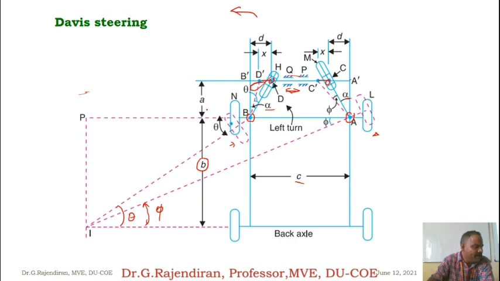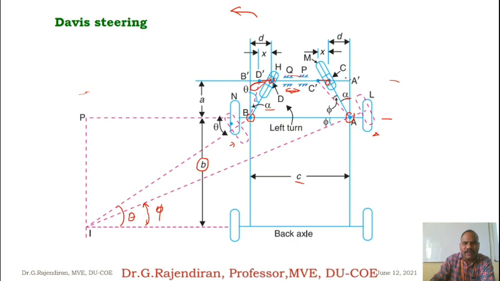Also, the distance between A to A dash and B to B dash is A. This distance is A, we know that from the geometry. Correspondingly, if it is making theta, if it is making phi here, then correspondingly here is phi. So this phi is called the steer angle of the outer wheel, theta is called the steer angle of the inner wheel.